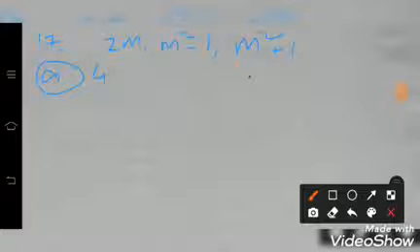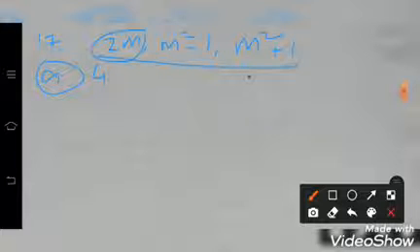Now let's see question number 17. Before we go to the exercise, you just have to remember this: 2m, and then m square minus 1, and m square plus 1.